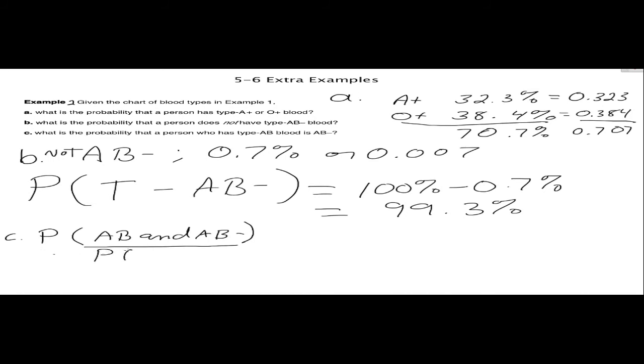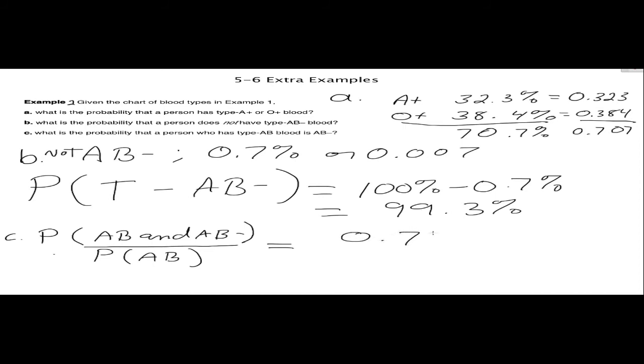So this is where we go to get this. The AB and AB negative is an intersection. It's where those both are true, which is simply the probability of AB negative. And then that it's AB is this probability here. So the probability of AB negative, we already determined that, is 0.7%.